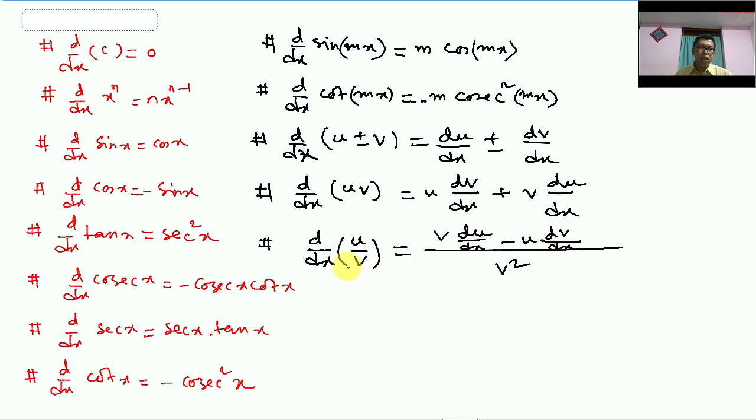Next, the chain rule. Let y be a function of t, say, and t is equal to g of x, where g is another function.